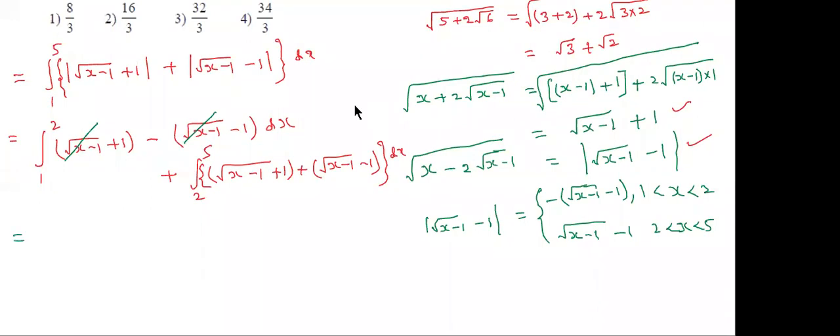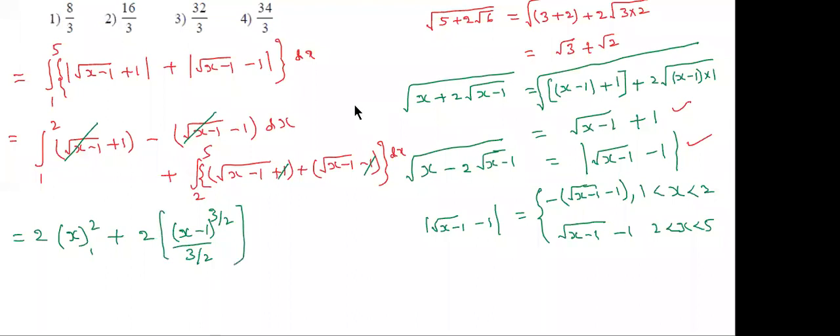So here we get 2 into integration 1 dx, that is x with limits 1 to 2, plus for the second function, minus 1 plus 1 cancel, and we have 2 root x minus 1. Root x minus 1 means x minus 1 whole power 1 by 2, or not? What is the integration? X minus 1 whole power 3 by 2 divided by 3 by 2.